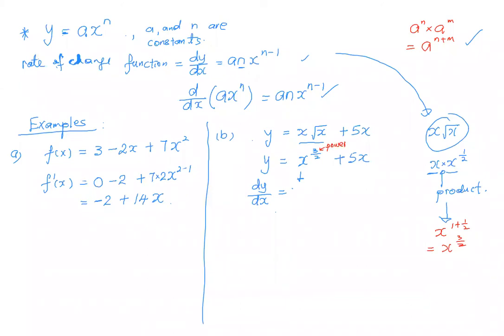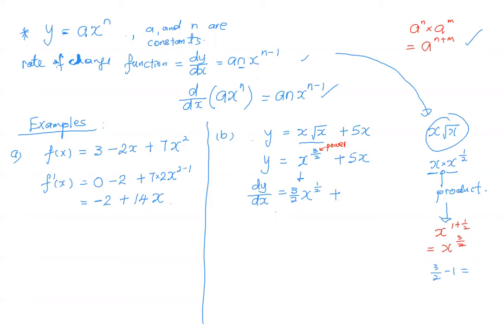Okay, that is called the power. Then write down x. Then power take away 1. So 3 over 2 take away 1. What is the answer? 1 over 2. Good. Okay, plus.